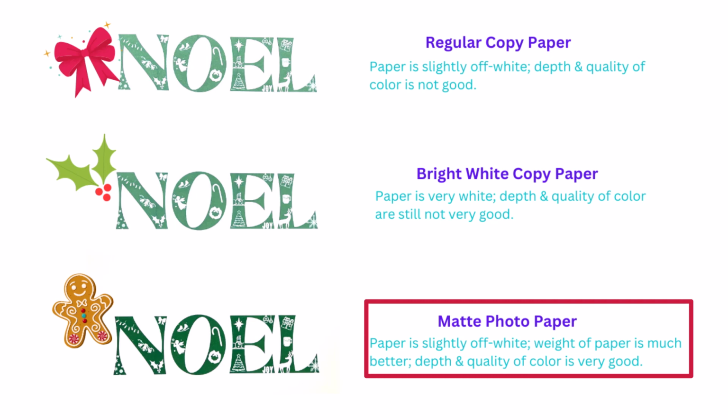It's much more like a nice weight, heavy cardstock, and it takes the color so well because it's meant for photos, and you can tell even in this representation and the photos that I took of these 3 papers how much darker the green is, how much better quality it is in terms of looking professional on a piece of paper.